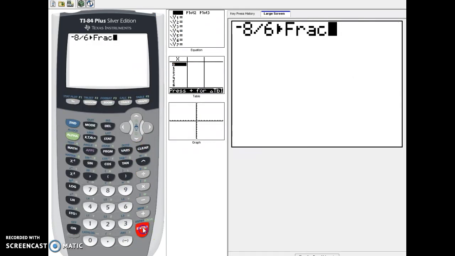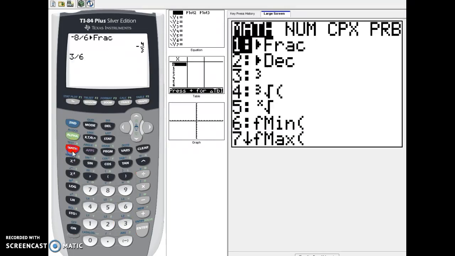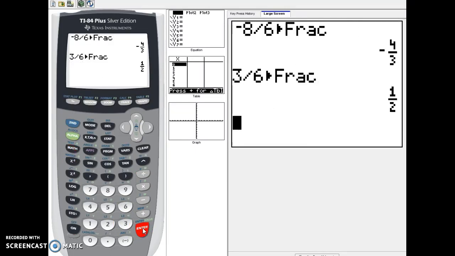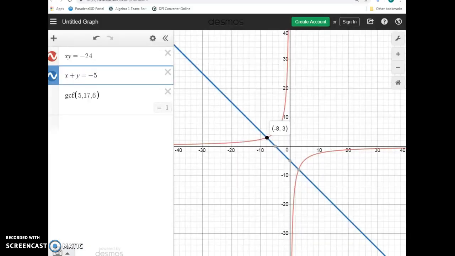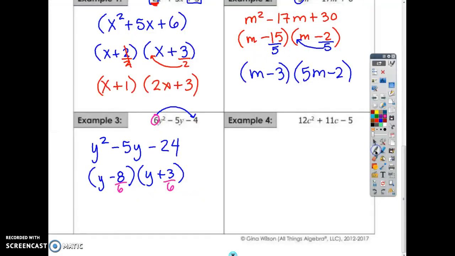Math, enter, enter. Write that down. And 3 divided by 6. Math, enter, enter. 1/2. So I have negative 4/3, and 1/2. I have y minus 4/3, and I have y plus 1/2.